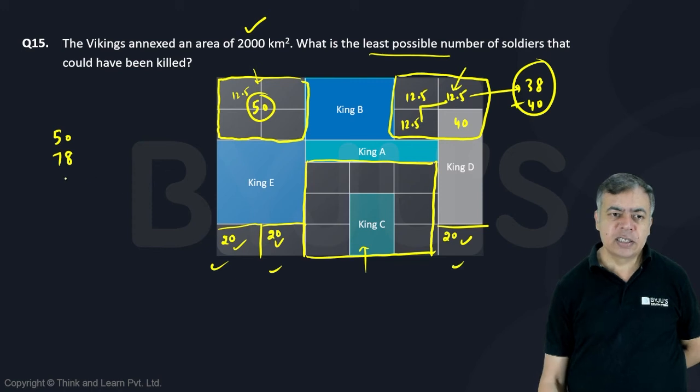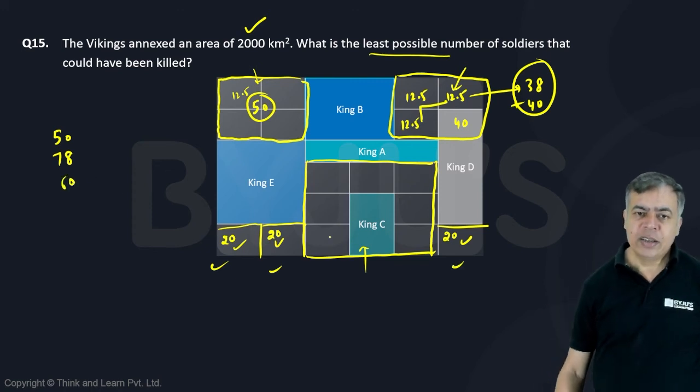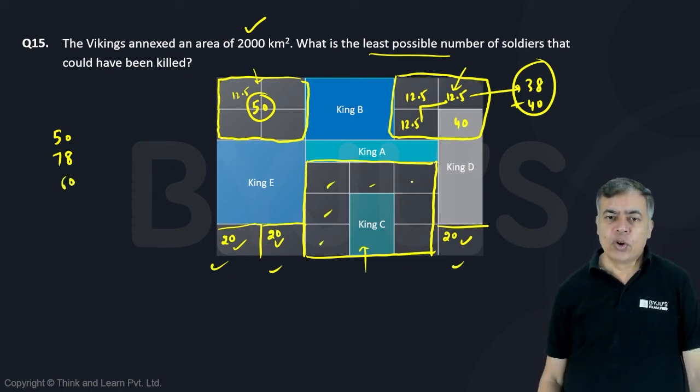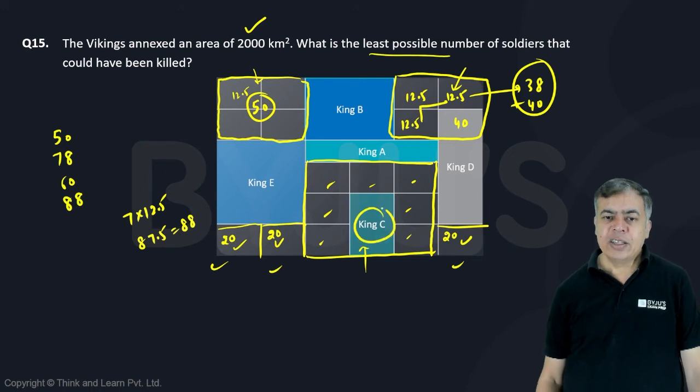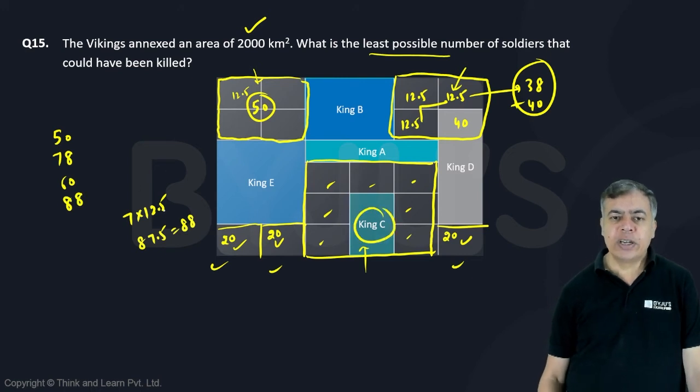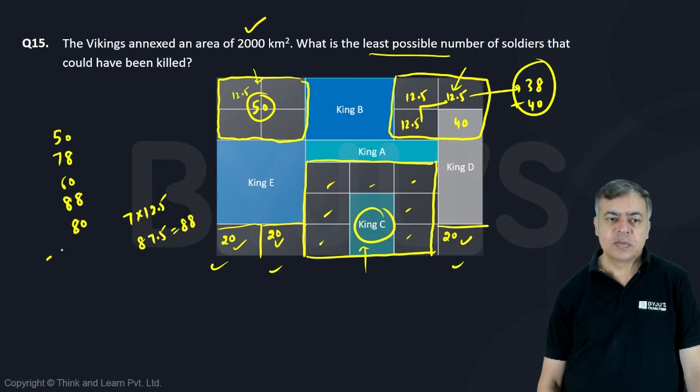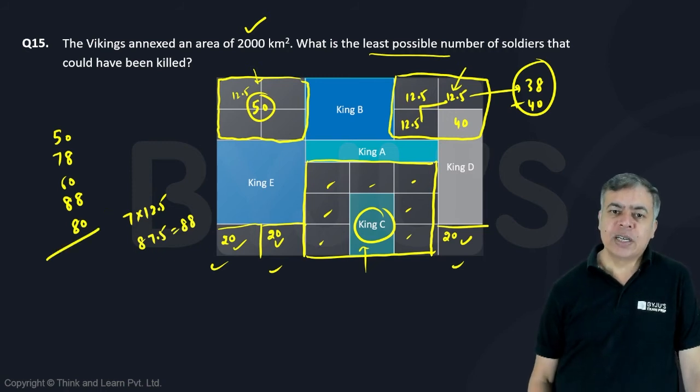It is 60. Now remaining this 9. So 1, 2, 3, 4, 5, 6, 7. So 7 into 12.5, which becomes 87.5, or you can say 88. And this is 2. So 2 into 40, 80. Right? Because occupied area is 40 per square.